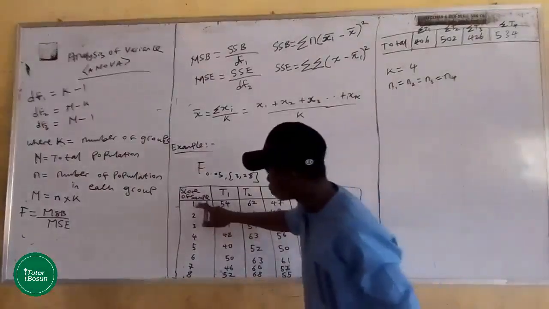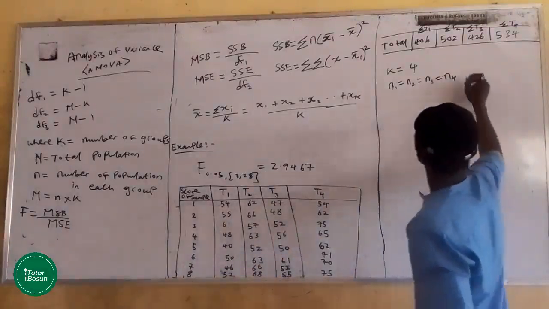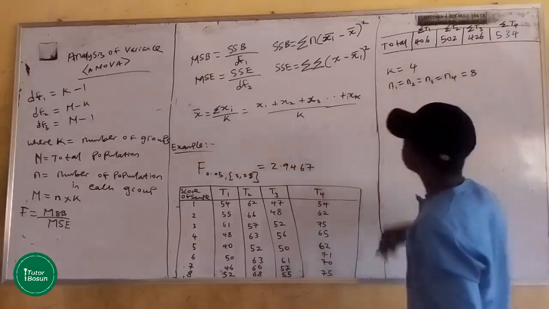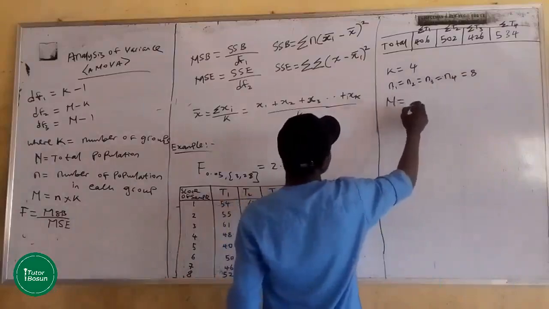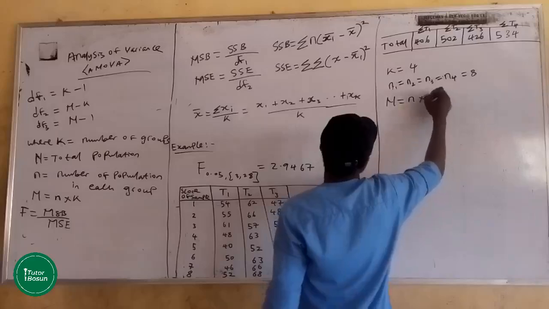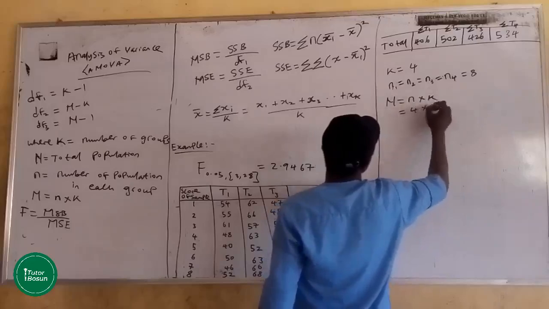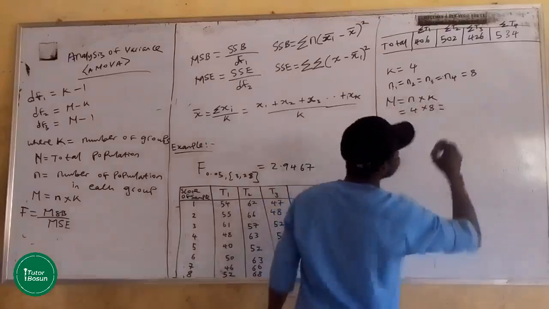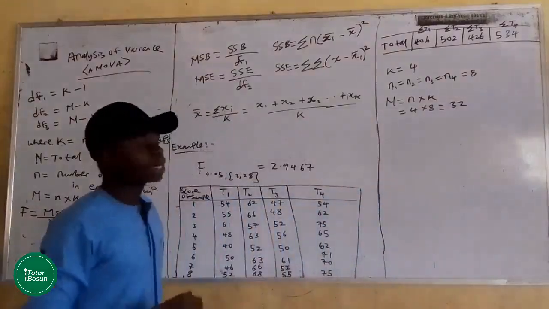We are having 1, 2, 3, 4, 5, 6, 7, 8. So your small n is 8. So our capital N is 4 times 8, which is 32.